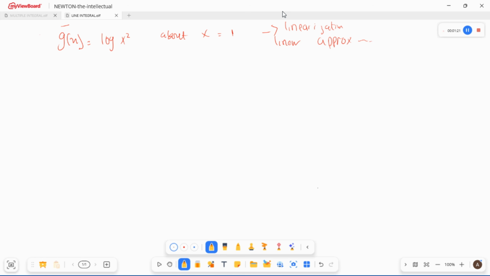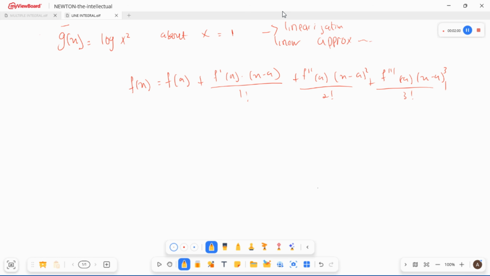Now, just to refresh our memories on what Taylor series basically is. When you have a function f of x, the expansion is going to be f of a plus f prime of a multiplied by x minus a all over 1 factorial plus f double prime of a multiplied by x minus a squared over 2 factorial plus f triple prime of a multiplied by x minus a cubed over 3 factorial, and we keep on going like that.